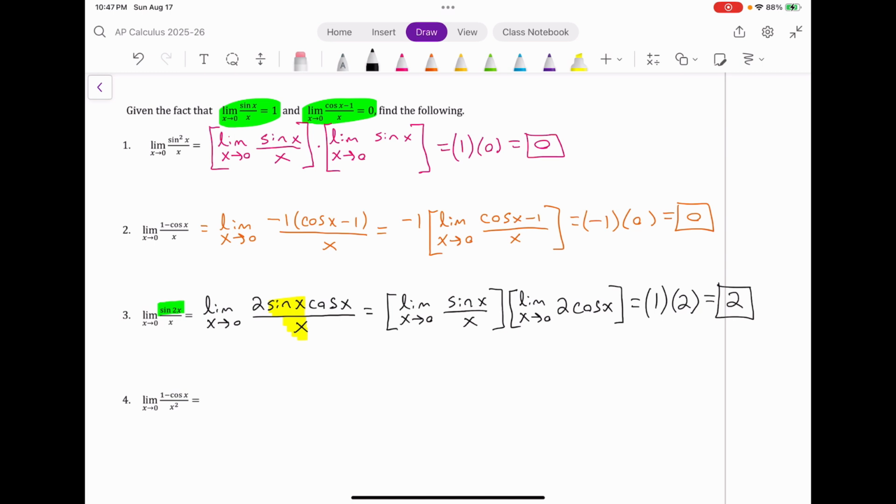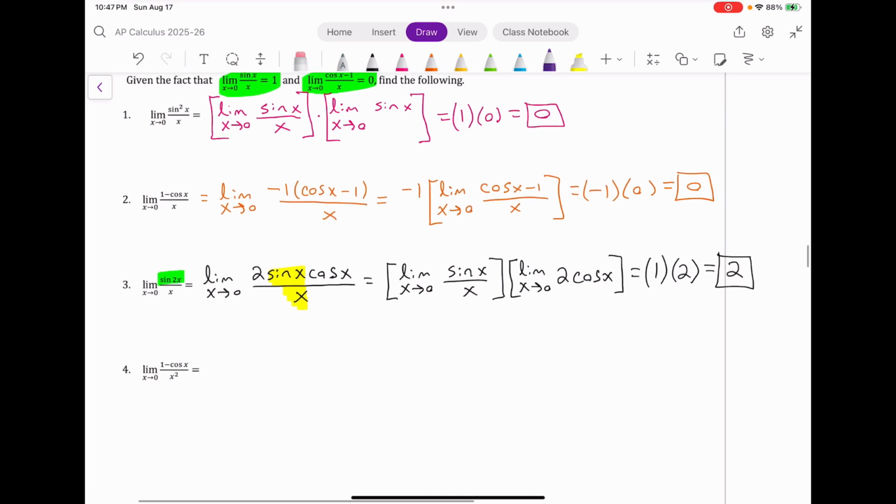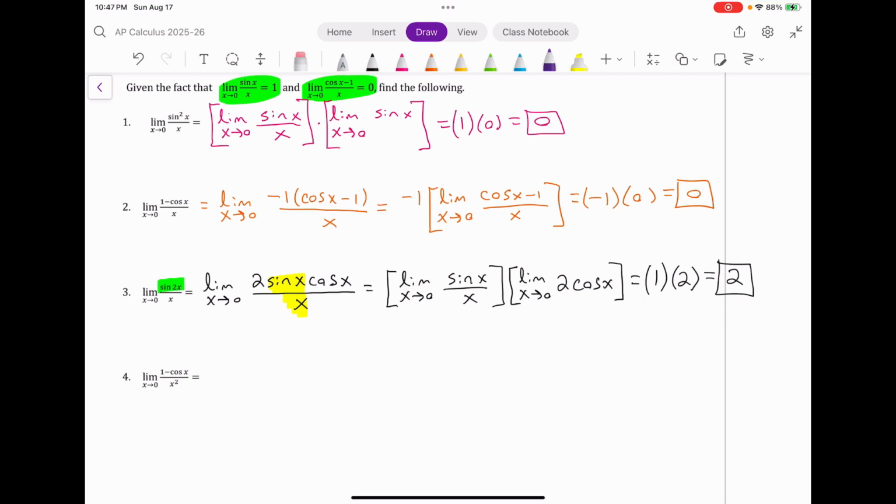All right, moving on. Number 4. So this one's a little bit more complicated than number 2, which has that same numerator. And so the strategy here is we're going to multiply the fraction by 1 plus cosine x on top and bottom, because this will get us the difference of squares in the numerator, which is an identity that we can utilize.